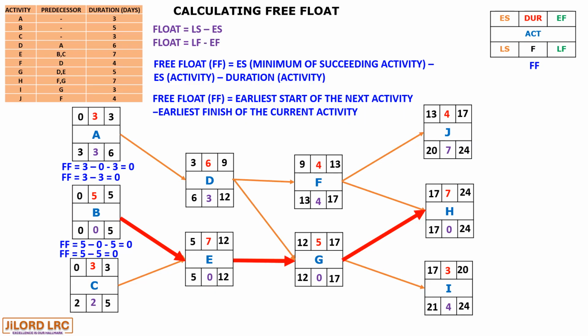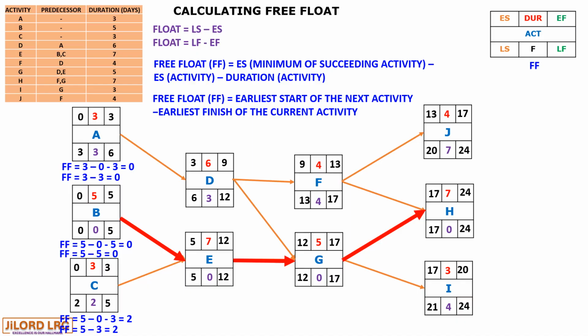For activity C, we have 5 minus 0 minus 3. Using the first formula, and using the second formula, it is 5 minus 3, giving us 2. That is the 5 at the early start for activity E minus 3 being the early finish for activity C.